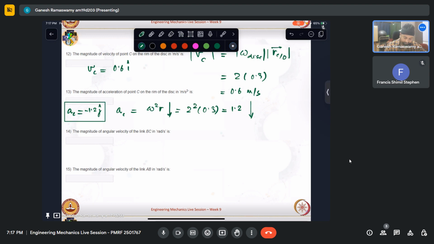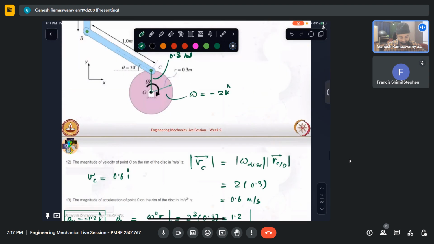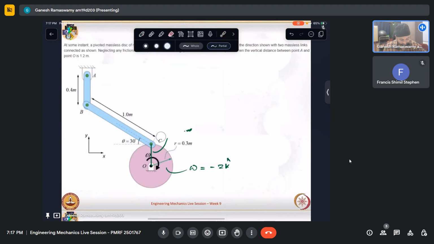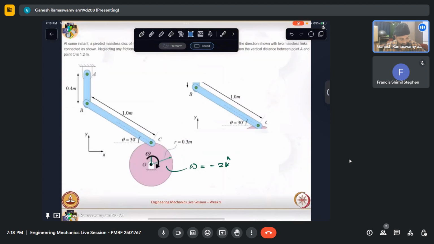Okay. The magnitude of angular velocity of link BC. So this link we have been asked. Now at this instant, if I take just this part and paste it here, I can see its velocity is parallel like that.